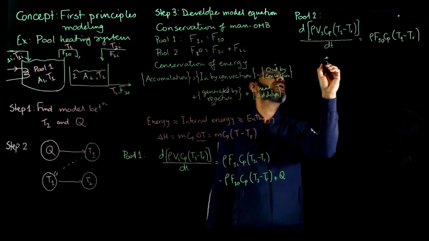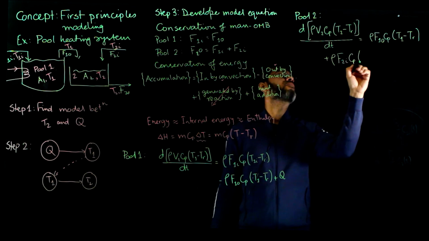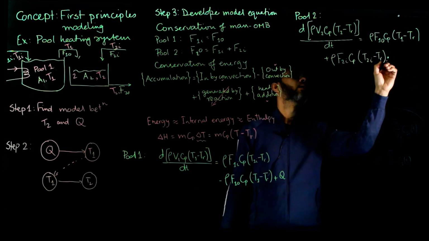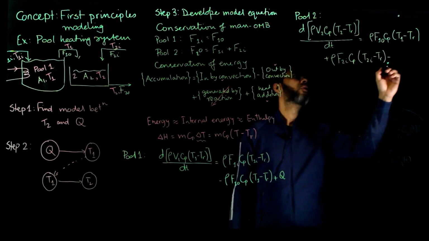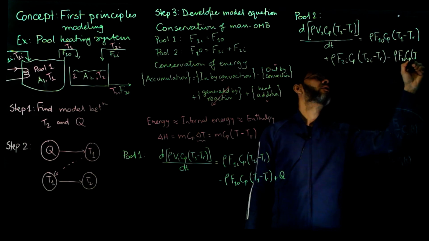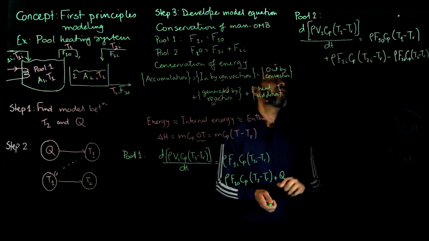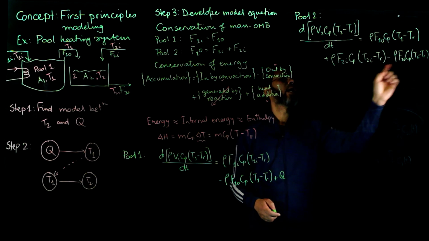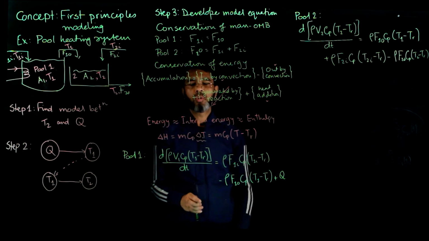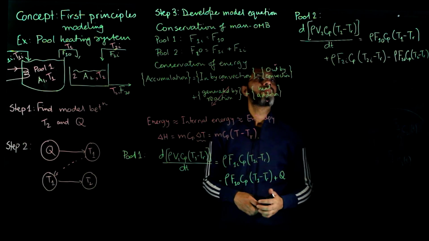The second term will be rho F2i Cp (T2i minus Tr), and the out term will be rho F2o Cp (T2 minus Tr). So we have 2 coming in and 1 going out, and see there is no additional heat in pool 2. Okay? So there is no Q term there.